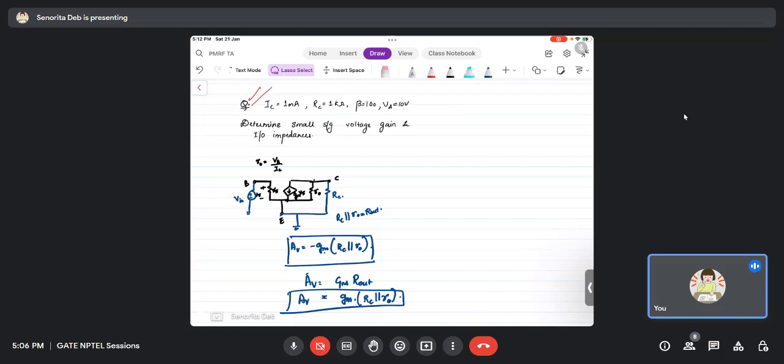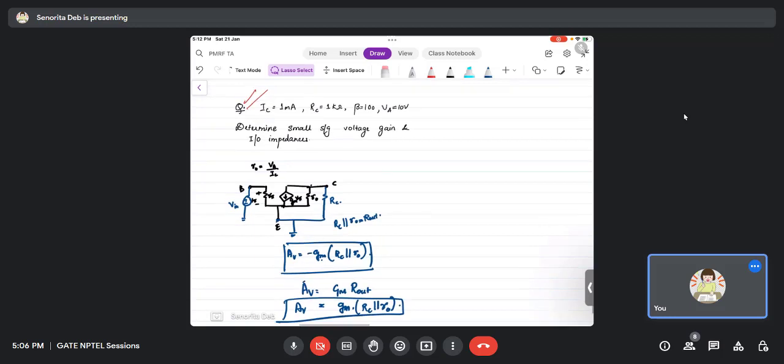And therefore that is modeled as a small r naught. The small r naught is given by VA by IC. VA is the early voltage, and that is counted as a parallel element between collector and emitter.